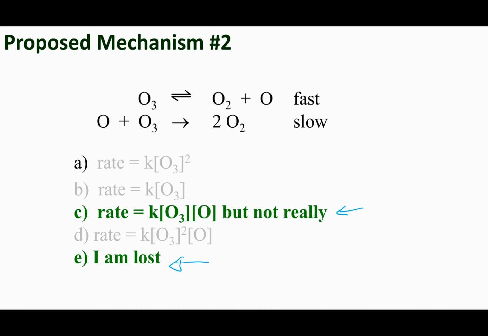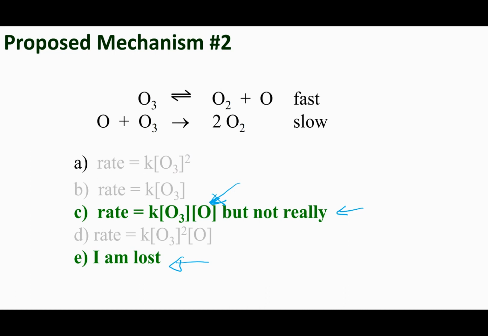Now, the reason that choice C is not a valid answer is that if you take a look, inside the rate law is an intermediate. And so this is the one thing that I want you guys to remember. You cannot write a rate law based off an intermediate or have it dependent on an intermediate. And that's because an intermediate is not in the overall reaction. It is not a reactant, it is not a product.